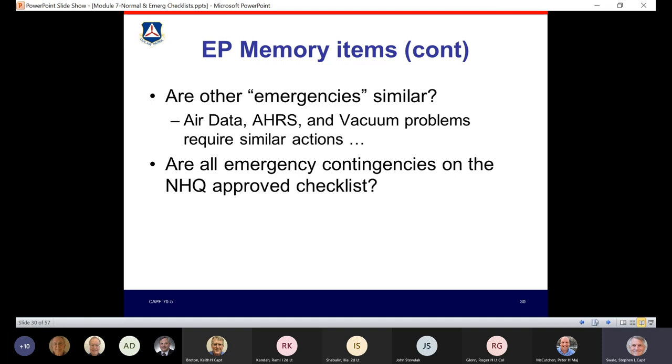And when you look at them all, essentially all of them are saying, try to reset the breaker. And if that doesn't work out, then use the standby instrument that's designed to provide standby information for the failed item. Except for the vacuum failure, which says if you've got a vacuum failure, then that is the standby instrument that's getting taken out, in this case, the standby attitude indicator, and don't look at that one anymore, even though you really want to.